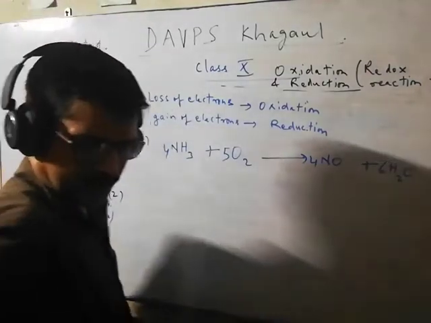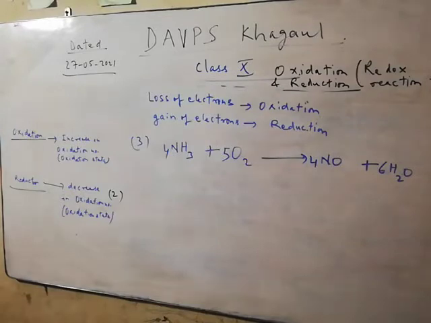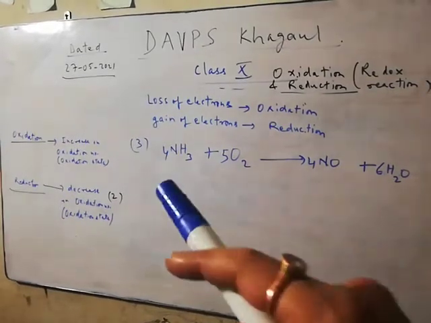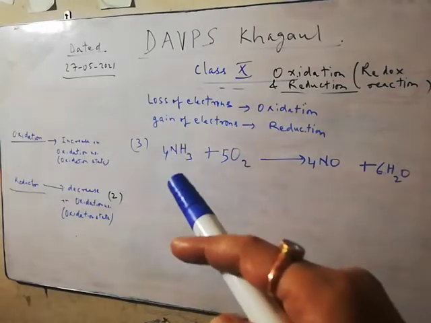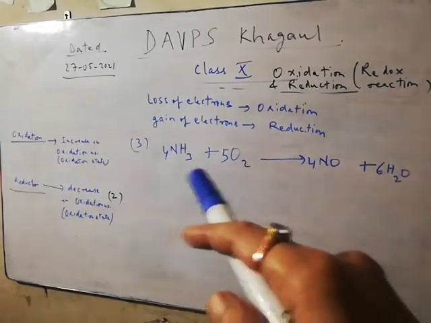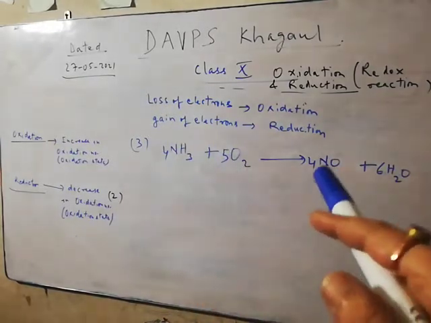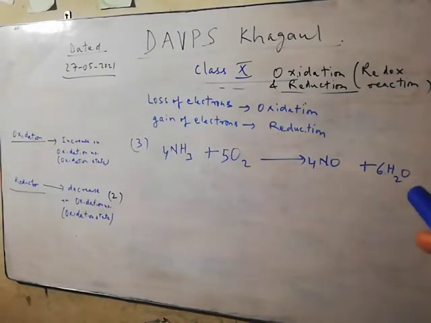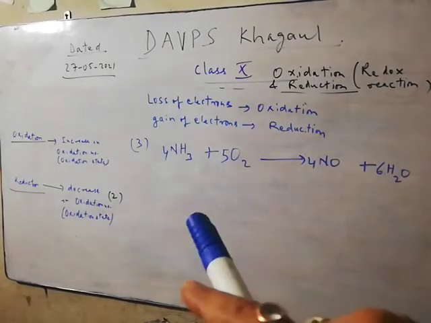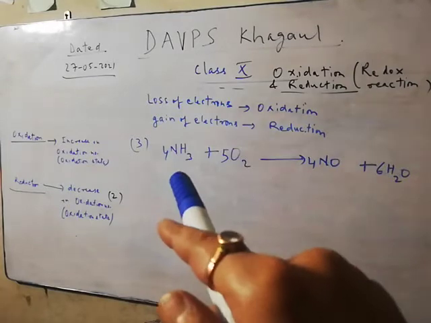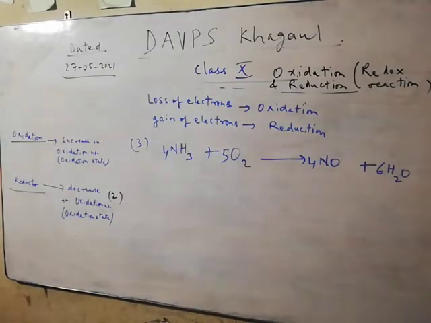Now see this reaction, all of you. Here we have to decide oxidation and reduction. Ammonia, NH3, you know the chemical formula for ammonia. When it reacts with oxygen, we obtain nitric oxide, NO, and water. So you tell me, which is being oxidized and which is being reduced?